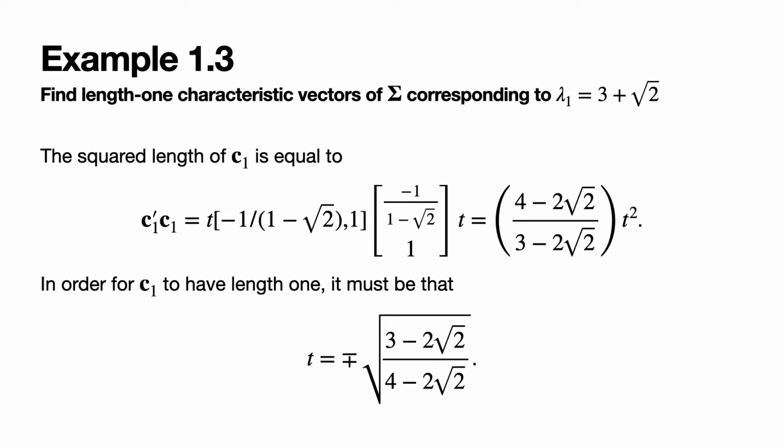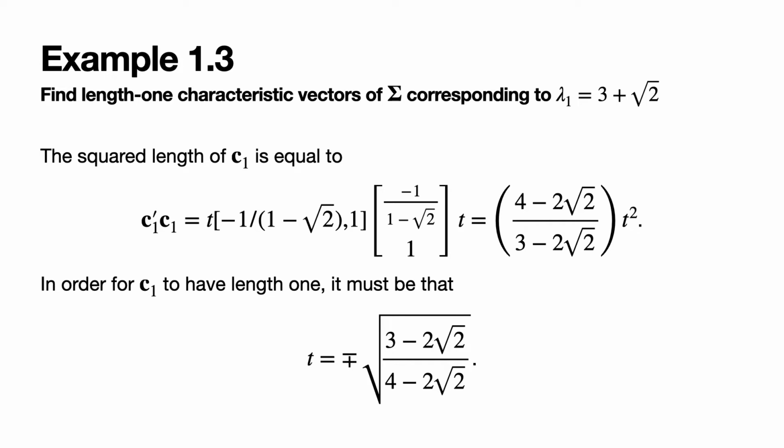All right, now let's find length 1 characteristic vectors of cap sigma corresponding to the first characteristic root. We first note that the squared length of C1, which is given by C1 prime times C1, the inner product of C1 with itself, is equal to the quantity shown on the right-hand side of this equation.